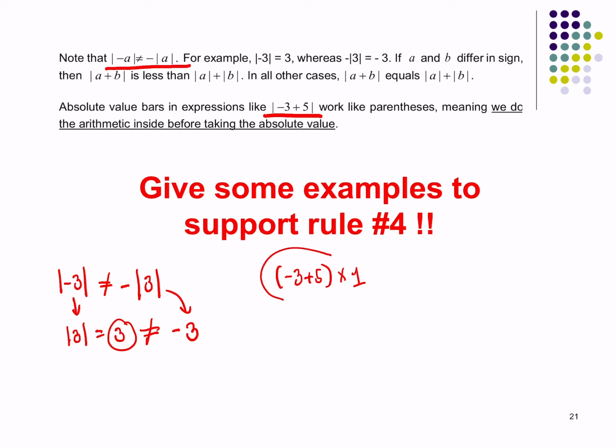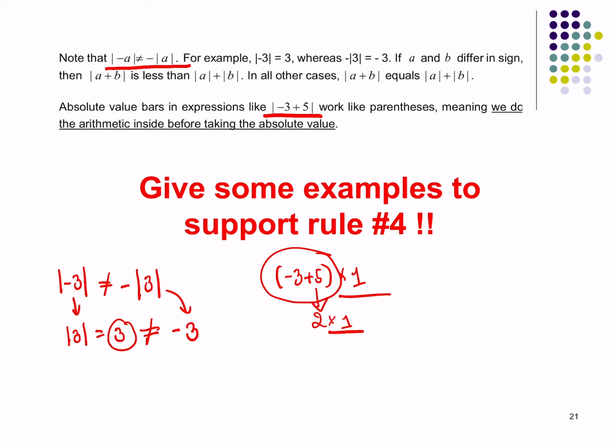The first thing you have to do is perform the mathematical process inside the parentheses, and then you multiply that by 1. So in this case, it will be 2 multiplied by 1. You perform the operation inside the parentheses first, and then multiply by 1 at the last step.